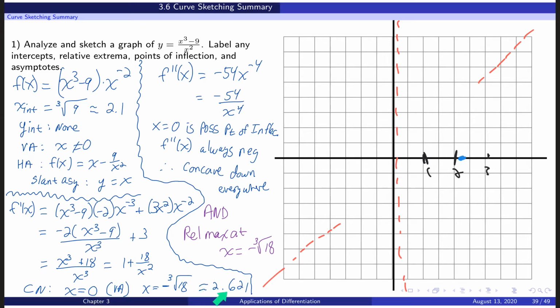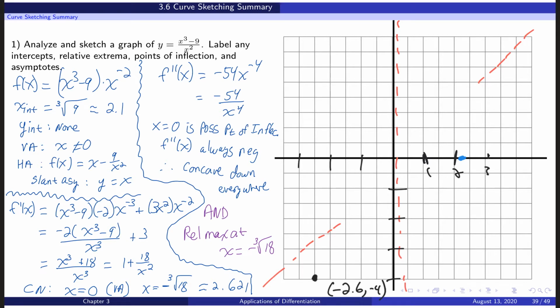But the second, at negative 2.621, is negative 2.6 and roughly negative 4. So I use my calculator to figure out the ordered pair. Negative 2.6 and negative 4 approximately is where that point is.